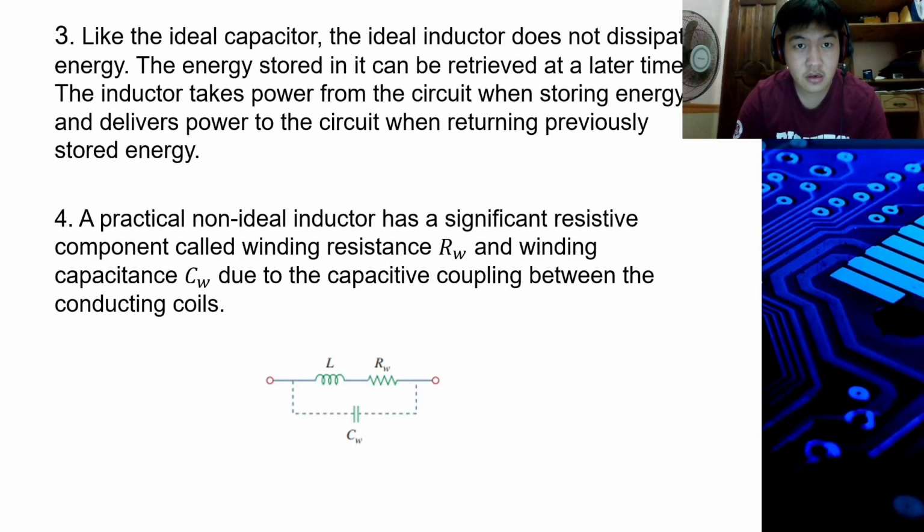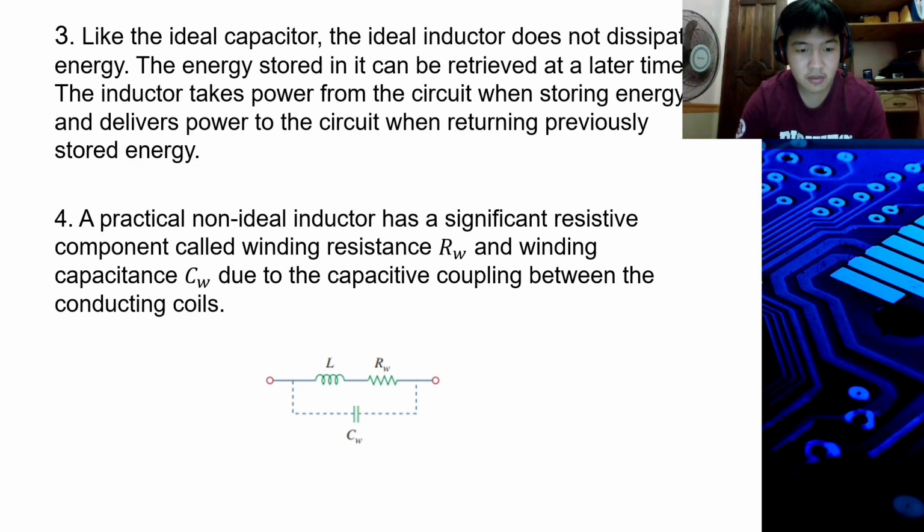Like the ideal capacitor, the ideal inductor does not dissipate energy. The energy stored in it can be retrieved at a later time. The inductor takes power from the circuit when storing energy and delivers the power to the circuit when returning the previously stored energy. So, like the ideal capacitor, which stores energy through voltage, the inductor stores energy through current and does not dissipate power unless it's not ideal, because there are parasitic resistance and capacitance.